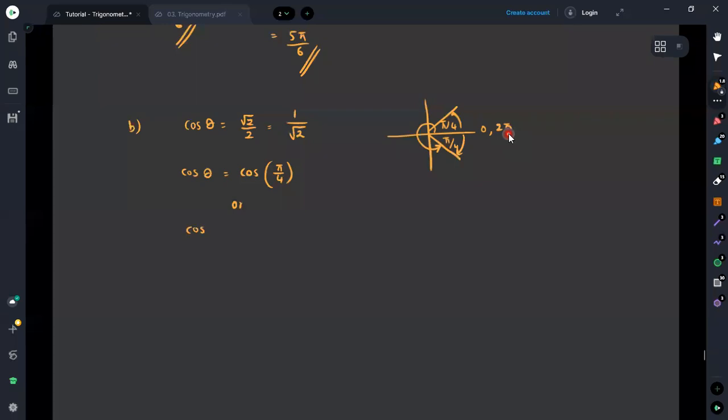Then cosine theta equals cosine of 2π minus π over 4. Then we can have the values of theta. Theta equals π over 4, or theta is equal to 2π minus π over 4. Then it is 8π over 4 minus π over 4. Together we are getting this as 7π over 4.